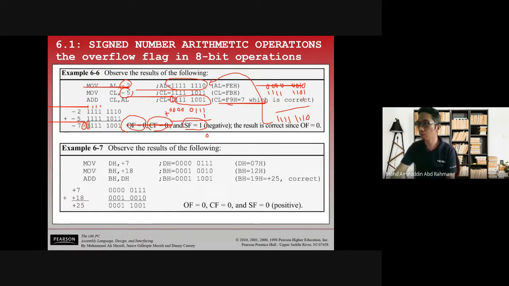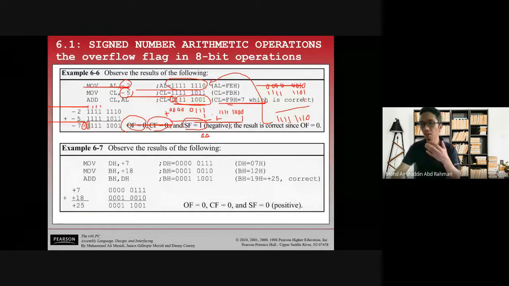Sorry, you need to invert first. It becomes 1, 1, 1, 1, and then 1, 0, 0, 0. Then you add 1, so that's why you get this number. So you need to invert first. This is 7, and then you invert that. You need to do the 2's complement: add 1, and then you get this number.